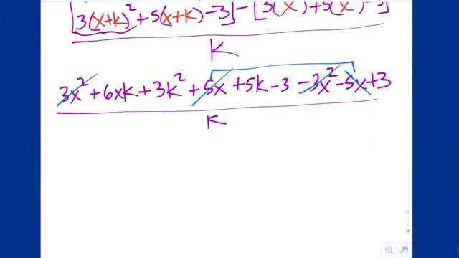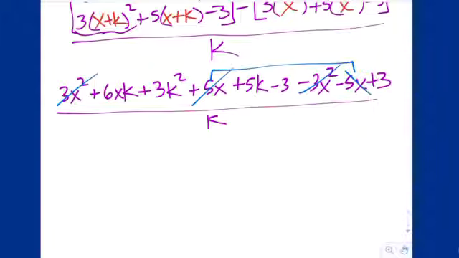So that's gone. And then everything that's left, 6xk plus 3k squared plus 5k. This one here, and this one here, because the 3's are gone. They all have a what in it? They all have a k. So at that point, you could just factor out the k, and you're left with 6x plus 3k plus 5, all divided by k.